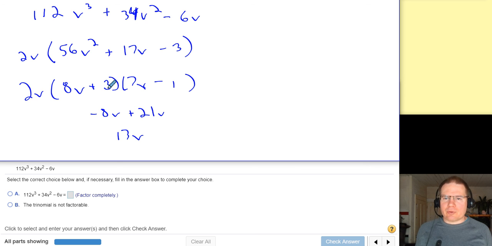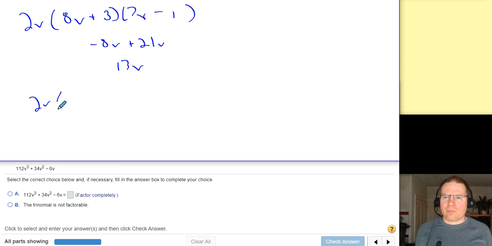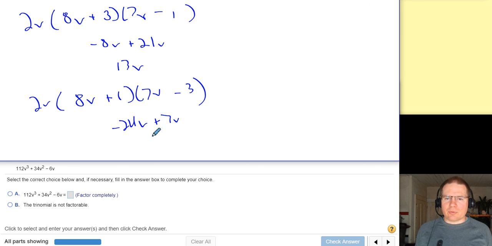Let's see what happens if I switch the 3 and the 1. So 2v, 8v plus 1, 7v minus 3. That gives me negative 24 plus 7. Let's see, 24 minus 7, that's 17, negative 17.